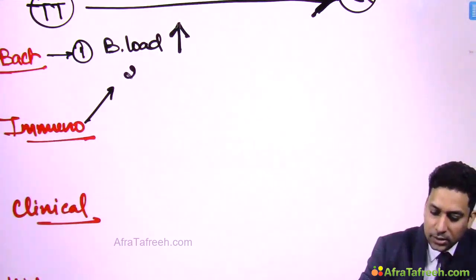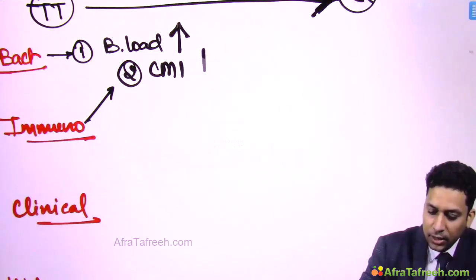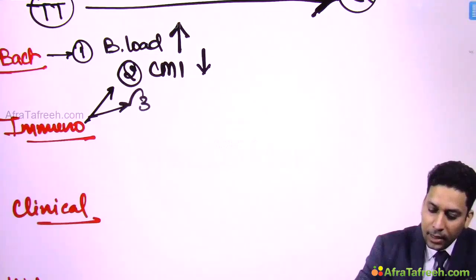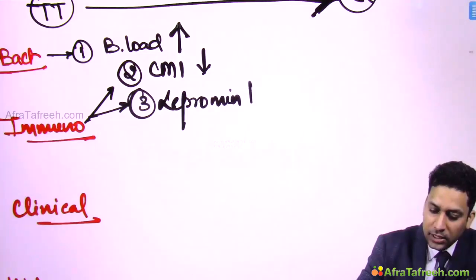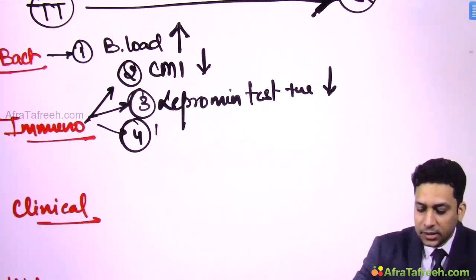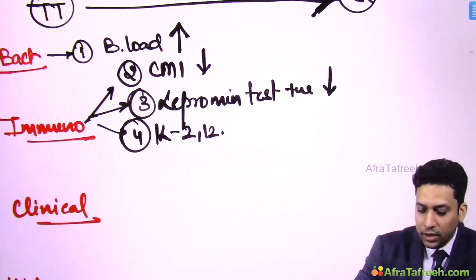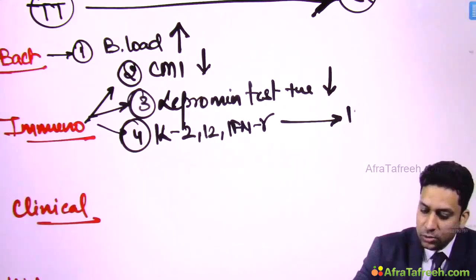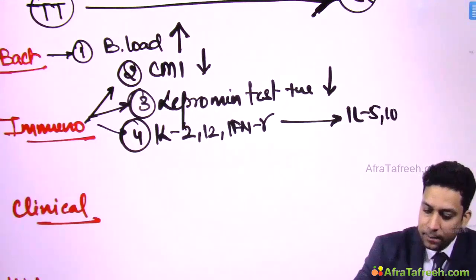So second is cell mediated immunity deteriorates as we move towards LL part. Then lepromin test positivity also decreases. Then inflammatory mediators like interleukin 2, 12, interferon gamma. As we move towards LL pole, they change to interleukin 5, 10.